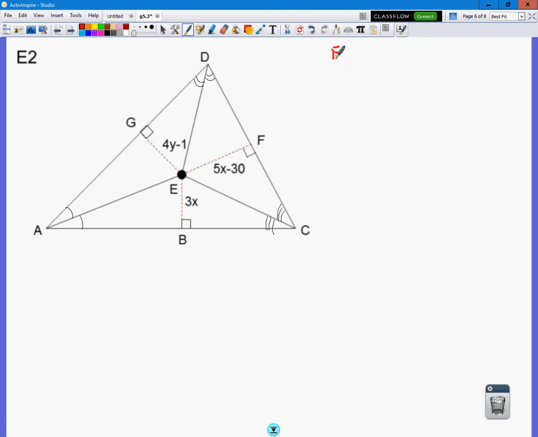And because they are angle bisectors, what is E in this picture? E is the incenter. If it's an incenter, it's the same distance from the sides. So in other words, EG, EF, and EB are in fact all equal to each other.